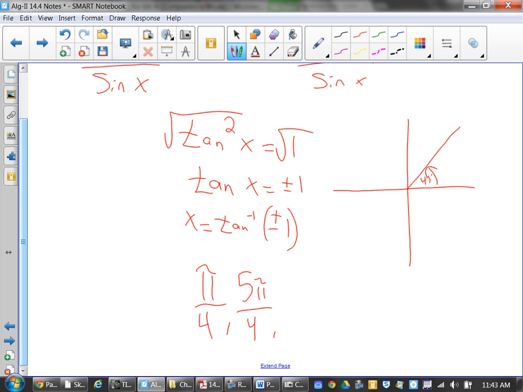You just keep adding: it's 1 pi over 4, so you add 4 pi over 4 to it. In the second quadrant, tangent is negative 1, at 3 pi over 4. And then the other quadrant would be at 7 pi over 4. So is it possible that you can get 4 solutions? Yes. Absolutely.